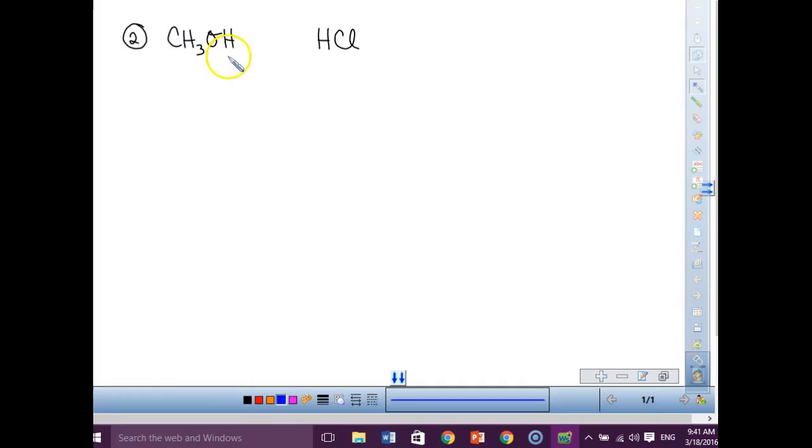When you see a structure like this, with so many carbons and hydrogens attached to each other with an OH on the end, this is an alcohol. And instead of calling that a hydroxide, they call that an alcohol group, because it doesn't generate hydroxide ions.